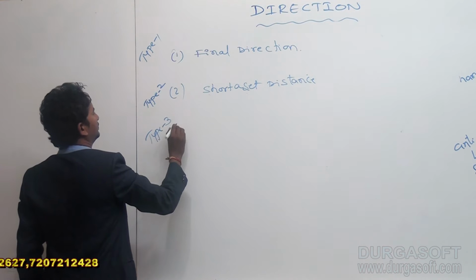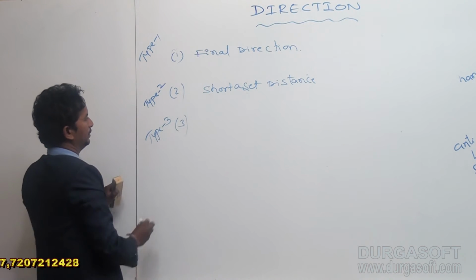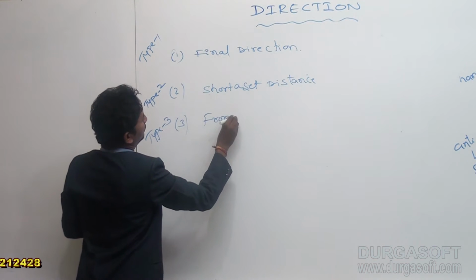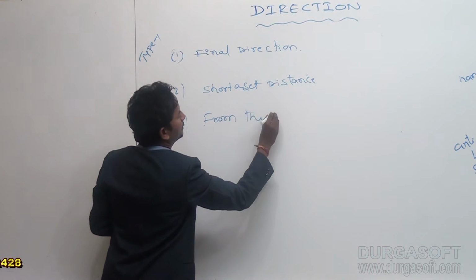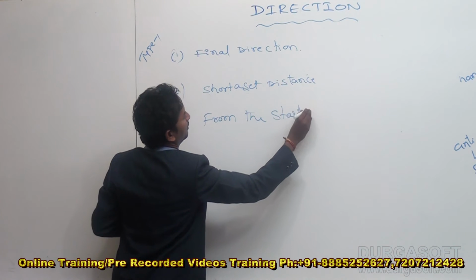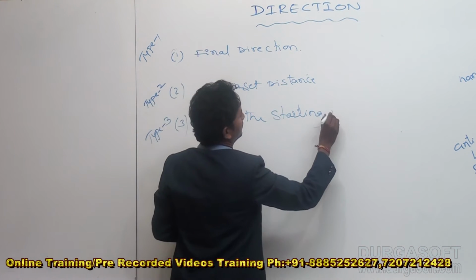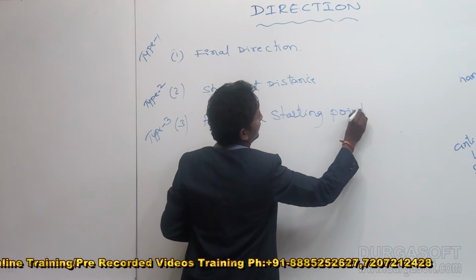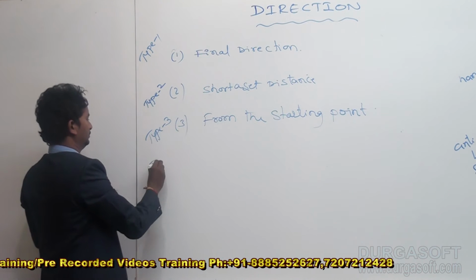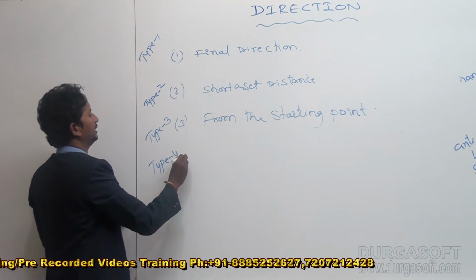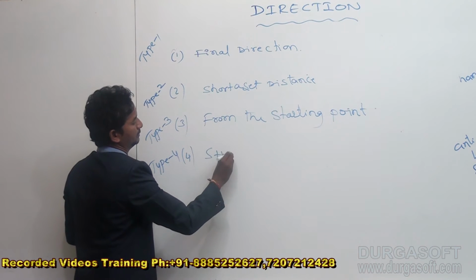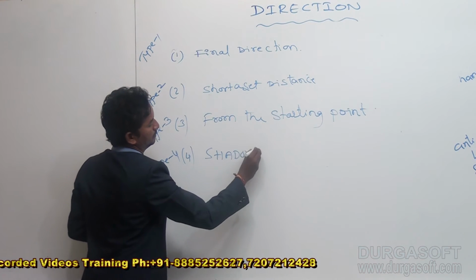Type 3 is from the starting point. Type 4 is the shadows problem.